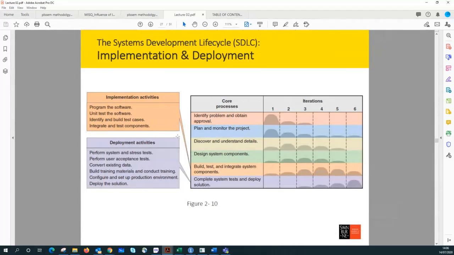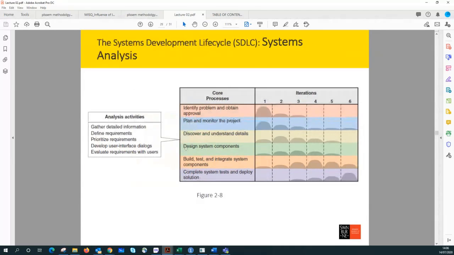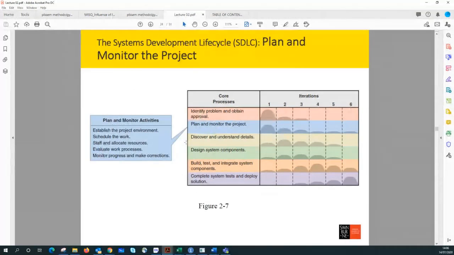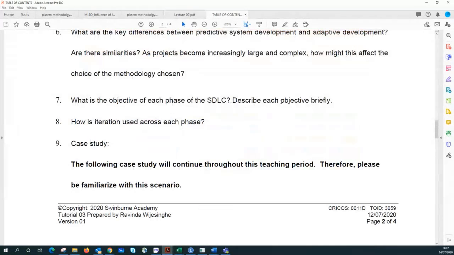Anyway, the answers are there in week 2. I have given some activities in each core process; you can go through them and then write the answer. So planning is the first 2, the third one is analysis, the fourth one is design, and the last 2 are implementation. That is the answer to question number 7.